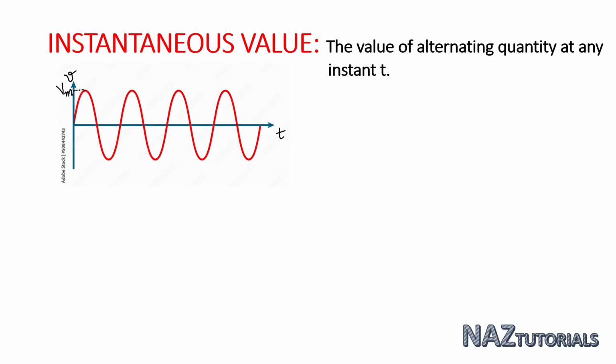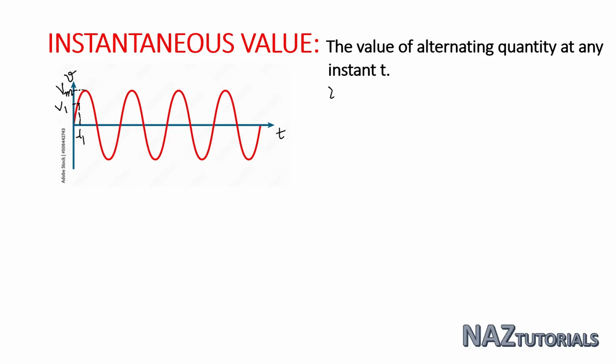For instantaneous value, here we consider a voltage waveform having magnitude Vm, and it has completed one cycle. If you analyze this voltage waveform at any instant t1, the value of this voltage is V1.